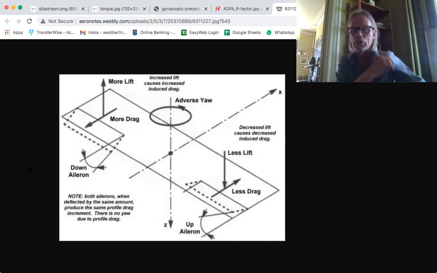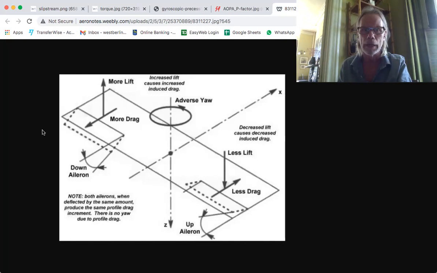It's like tugging on your shirt, okay? So if there is a vortex, all right, caused by induced drag on the left wingtip, it's actually going to apply a pulling force at the back of the tip of the wing. And what that does, of course, is make the airplane yaw in the direction of that pull.